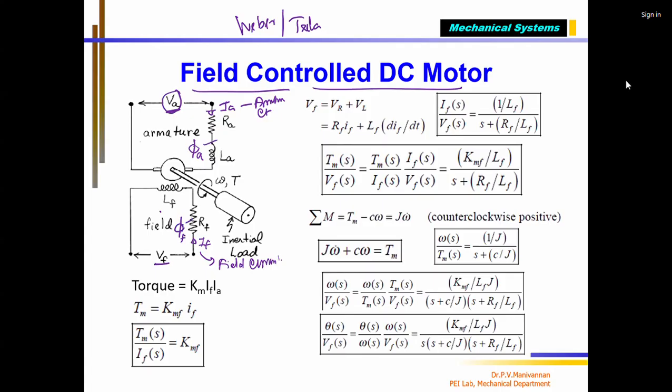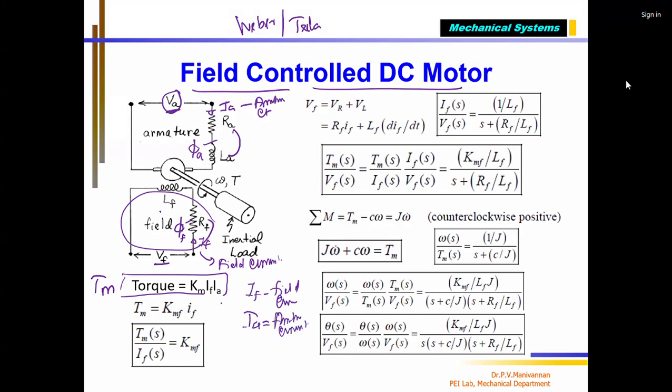Once the two coils are supplied voltage, two magnetic fields are created, which repel each other. The fixed coil, which is in the body of the motor, will not rotate. The armature coil is put on a rotating component with bearings, so the armature starts rotating. The rotational force developed by the motor is what we call torque. I say TM, motor torque, equals Km into IF into IA, where IF is the field current and IA is the armature current.